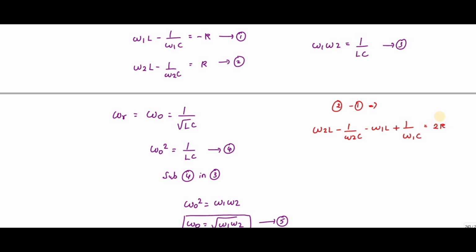So omega 2 minus omega 1 of L plus 1 divided by omega 1 minus 1 divided by omega 2 of 1 divided by C is equal to 2R.